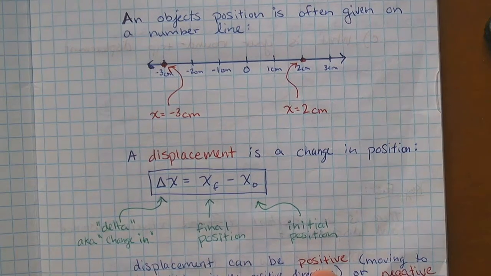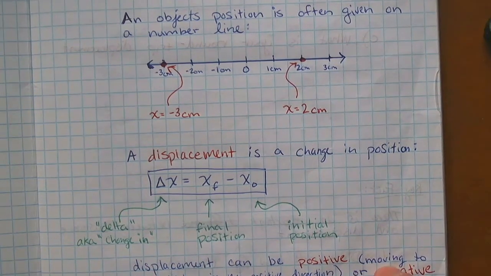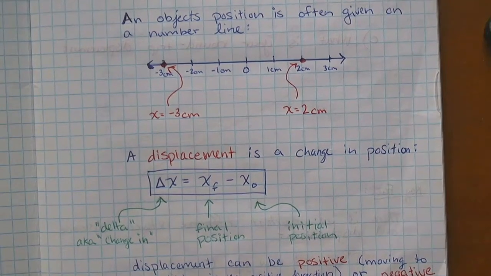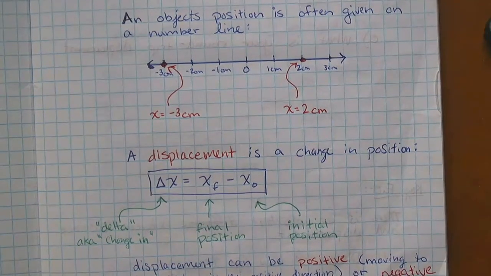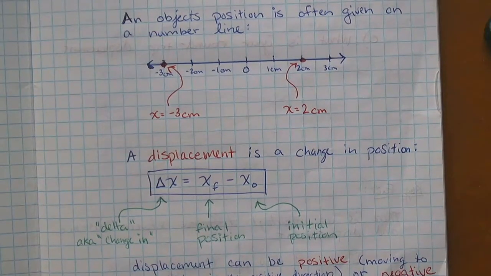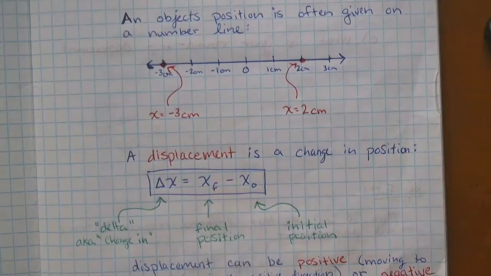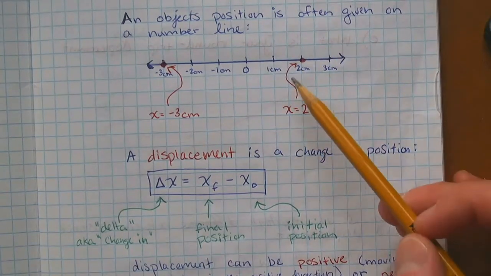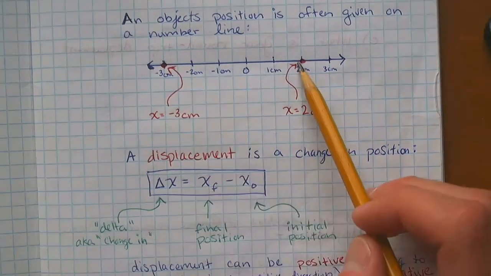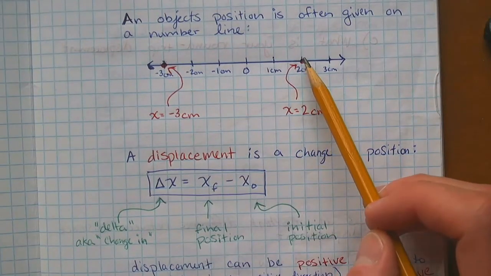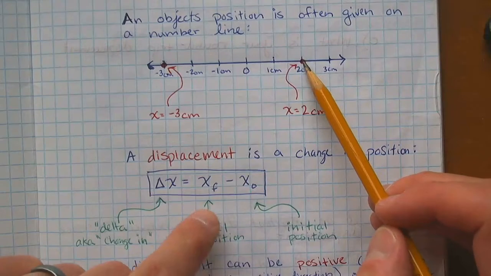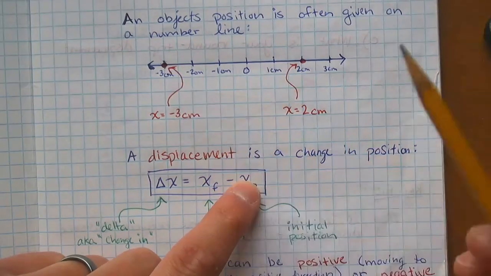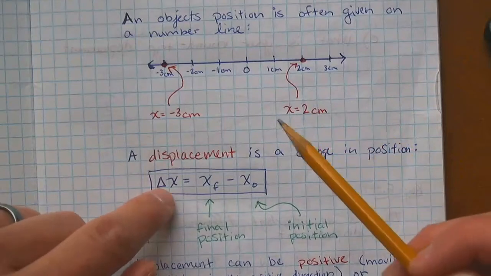Your displacement can be positive, which on a number line means that you're moving to the right or in the positive direction, or it can be negative, which on a number line would mean that you're moving to the left or in the negative direction. For example, if we were to go from -3 to +2, the final position would have been 2, so that's 2 minus -3, which gives you a displacement of positive 5.